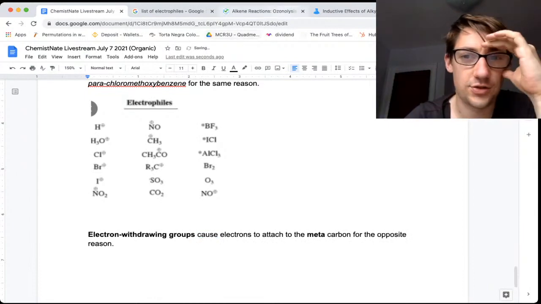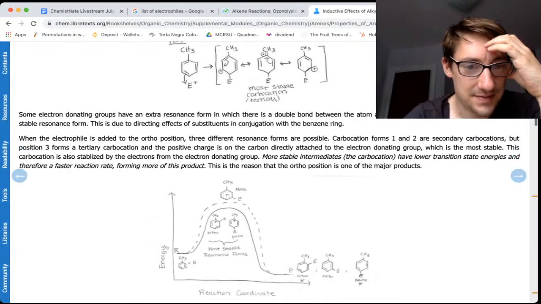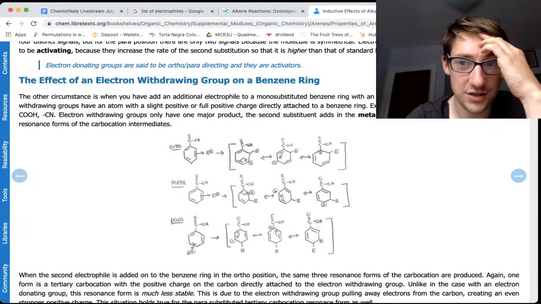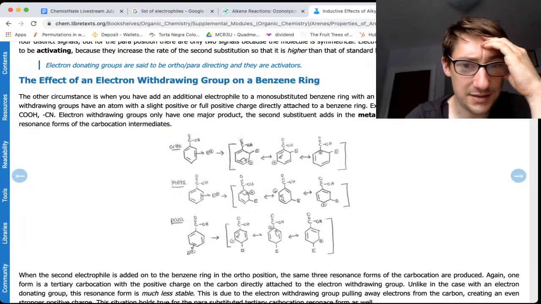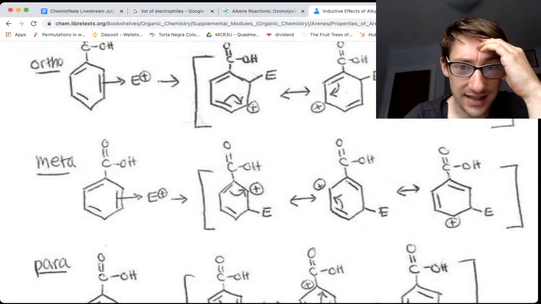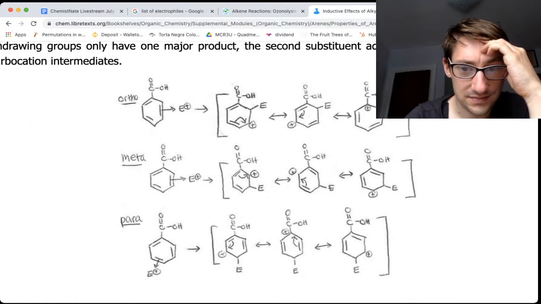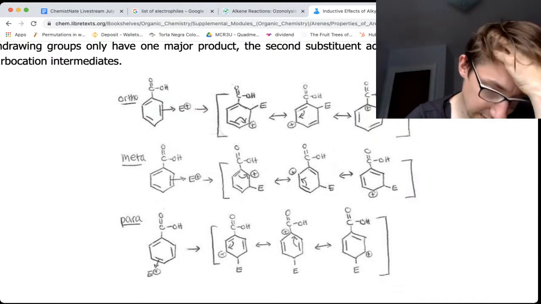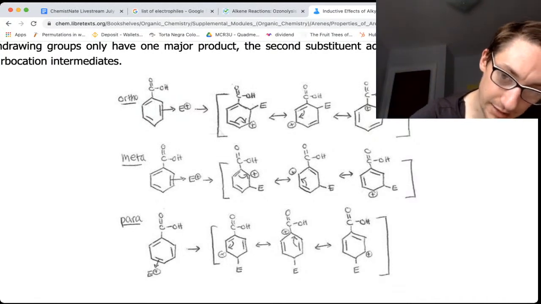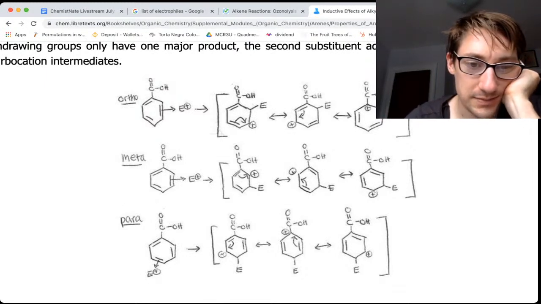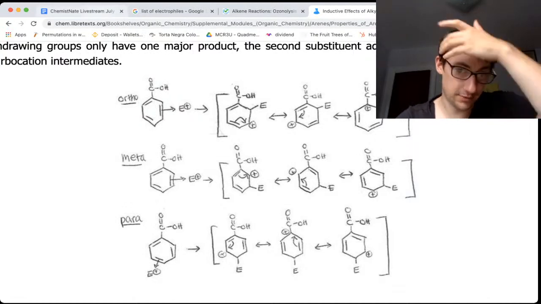Now let's go see if that's true. On the electron withdrawing group, the second substituent adds to meta. This can be explained because the carbocation that forms, it's not likely that the positively charged carbon in the carbocation would want to be next to a delta positive carbon. So it's not exactly the opposite reason.